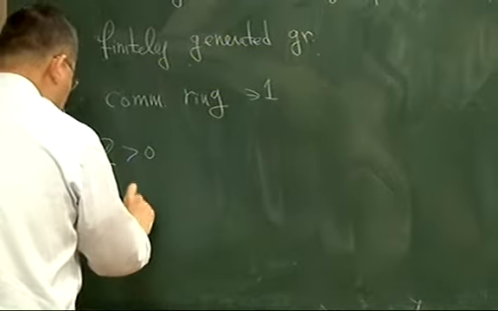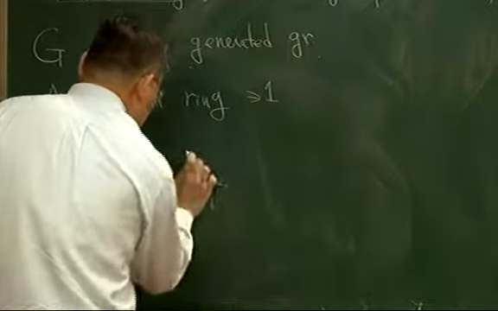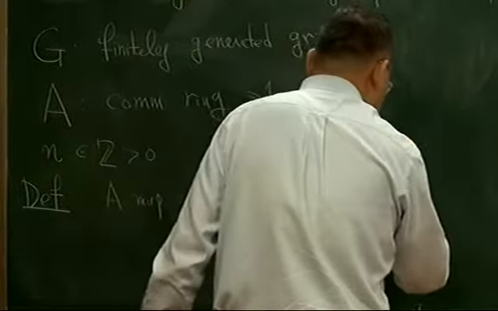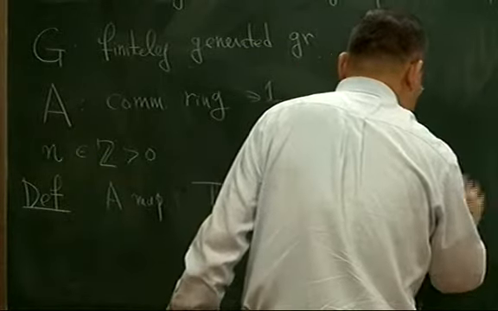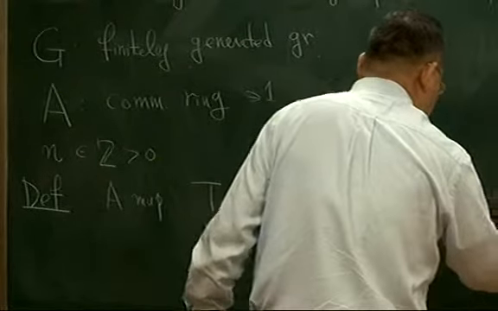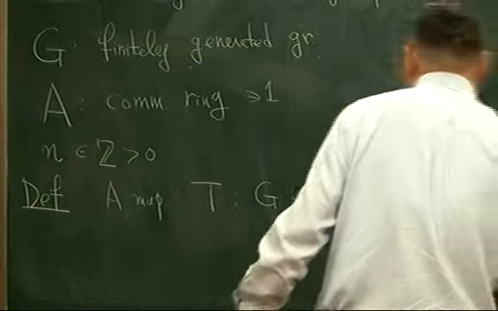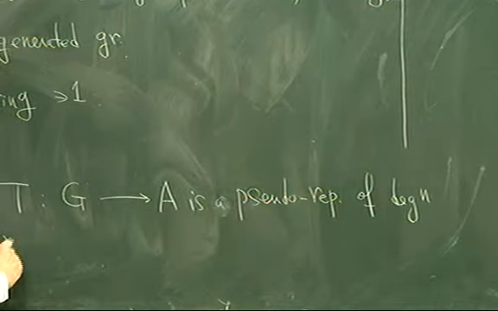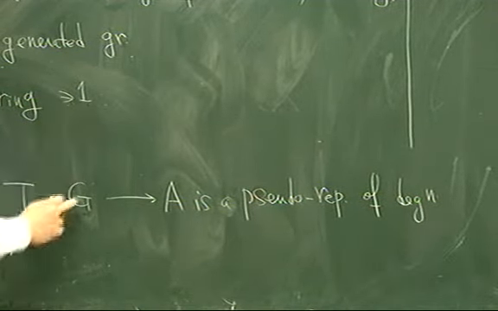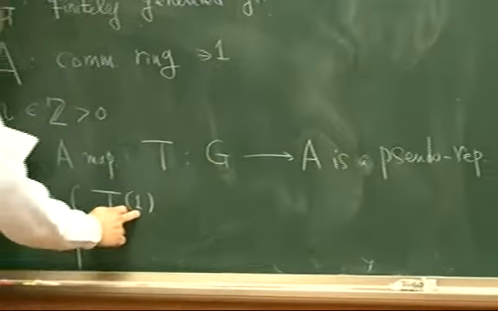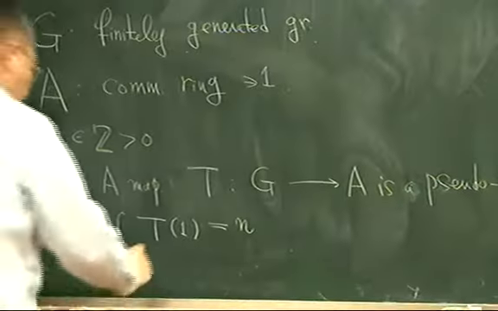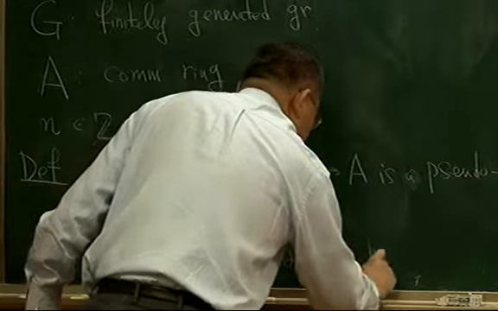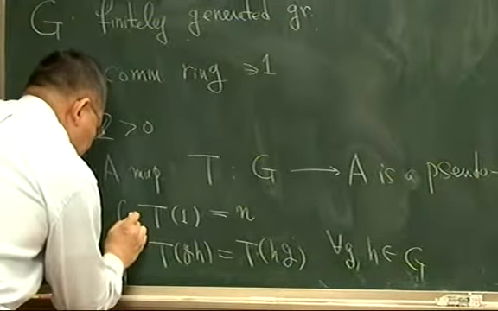The map T from G to A is called a pseudo representation of degree n if T of the identity element of G is n, and T of gh is T of hg for any g, h in G. There are three conditions; this is the second one.